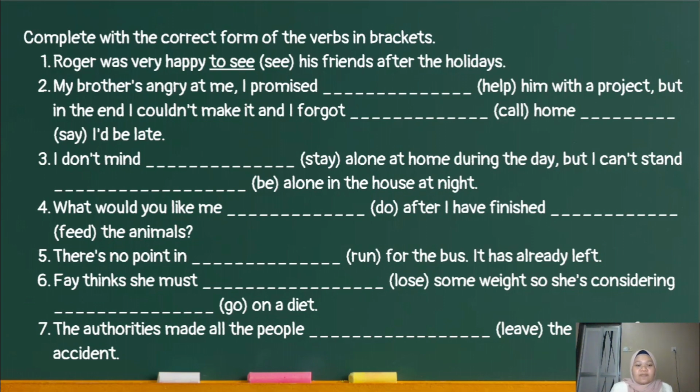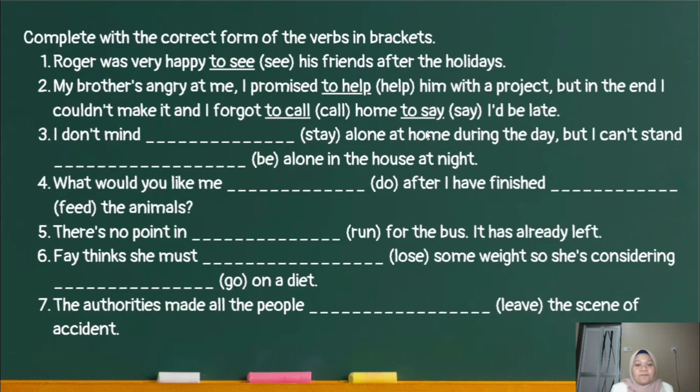The answer: I promise to help him with a project, but in the end I couldn't make it and I forgot to call home to say I would be late.